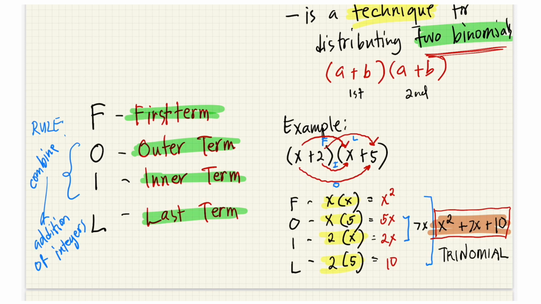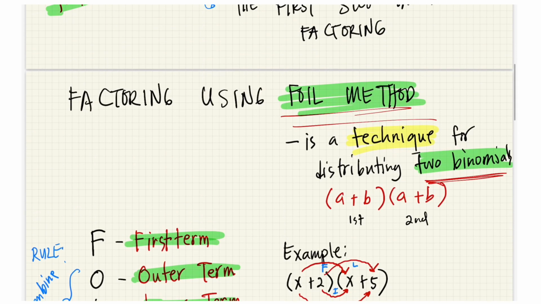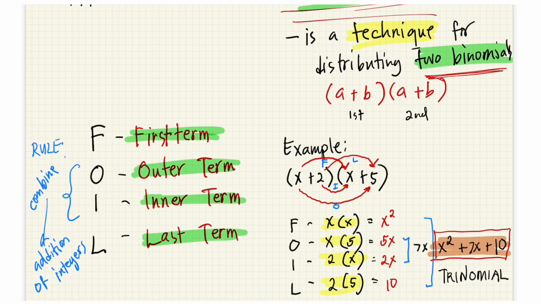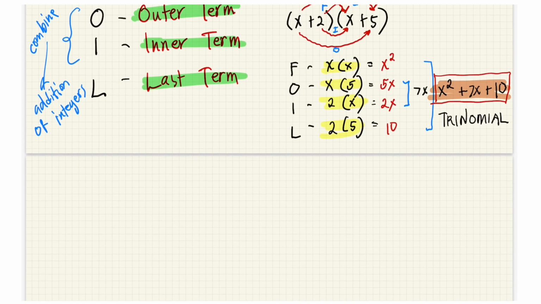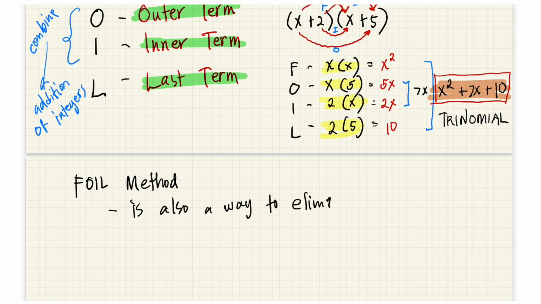Again, the FOIL method is just the reverse of expanding product, and it is a technique for distributing two binomials, and this is also one way to eliminate brackets. Alright, going to write it here. FOIL method is also a way to eliminate brackets.